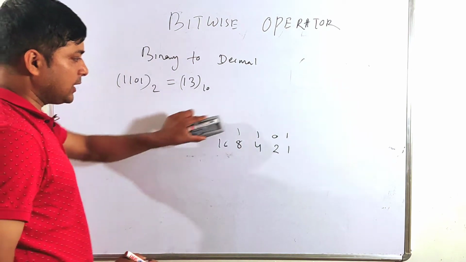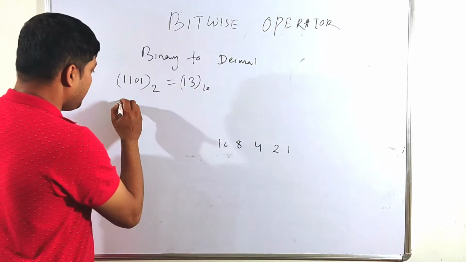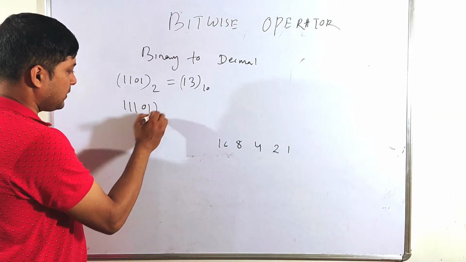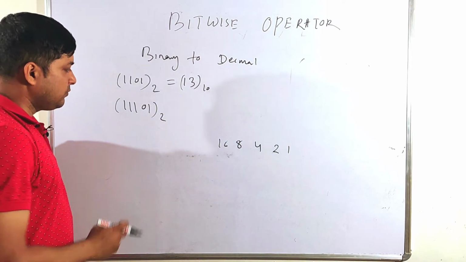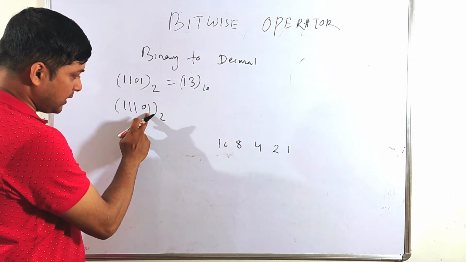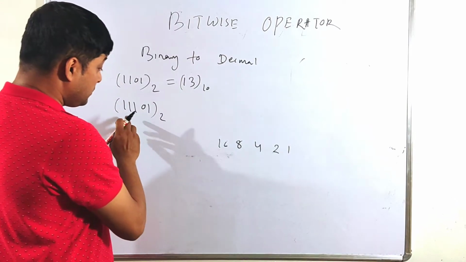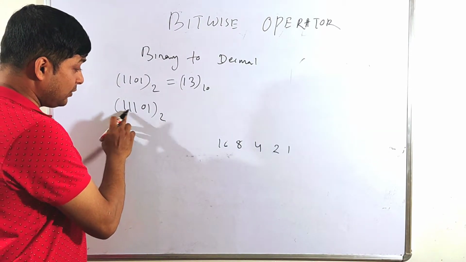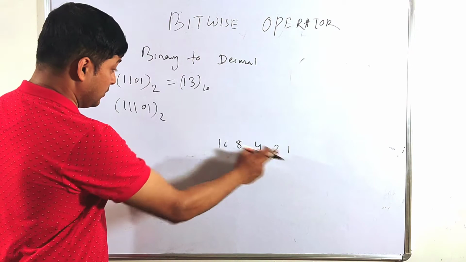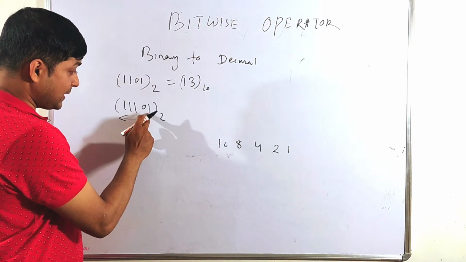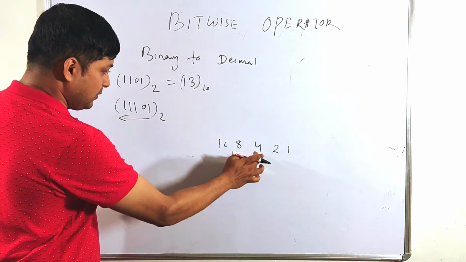This way you can calculate. Suppose I am writing 1 1 1 0 1 in binary. Students always make the mistake of putting the values in the wrong order. The values come from this way: first this value, then this value, then this value.